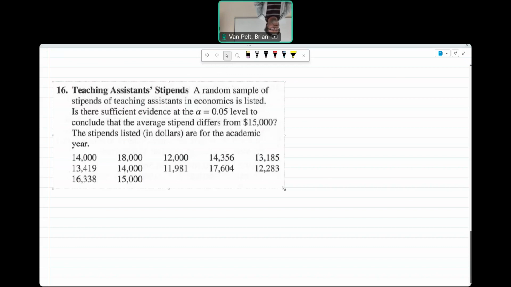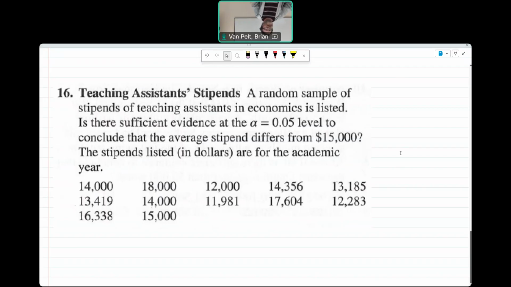Okay, here's our first question for practice.